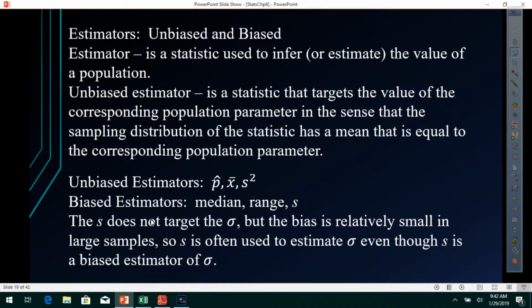So the sample standard deviation s is often used to estimate the population standard deviation sigma, even though the sample standard deviation is a biased estimator of sigma. Make sure you put this stuff in your notes.